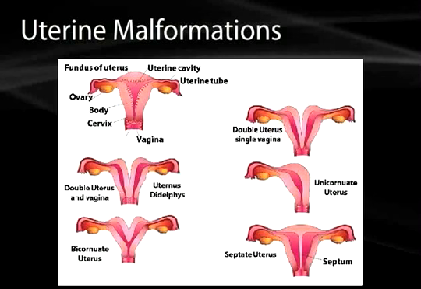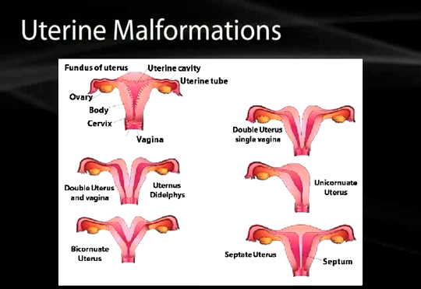But if they don't fuse together in the caudal end, then you could have both a separation of the vaginal canal as well as an entire separation of the uterus, which is known as a double uterus and vagina, or uterus didelphys. Then you can have a less serious separation where the vagina is a single entity but the uterus is still bifurcated, and that would be the double uterus with a single vagina.